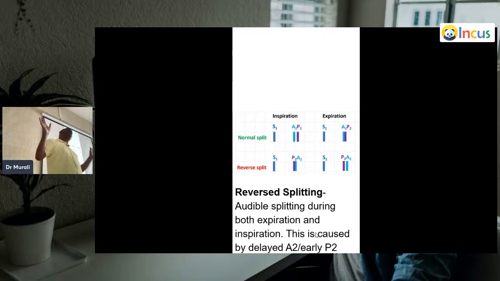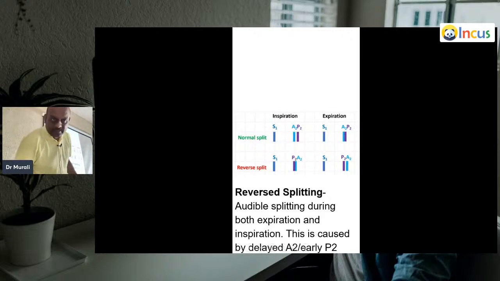And what is meant by widened physiological splitting? Widened physiological splitting is normally A2 then P2. If the A2 is very early or P2 is very delayed, then it becomes wider. But widened splitting is heard only during inspiration, not during expiration. But reversible splitting is heard during expiration and inspiration also. Understand?